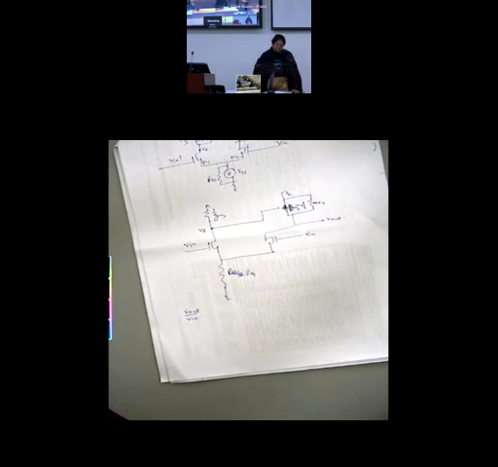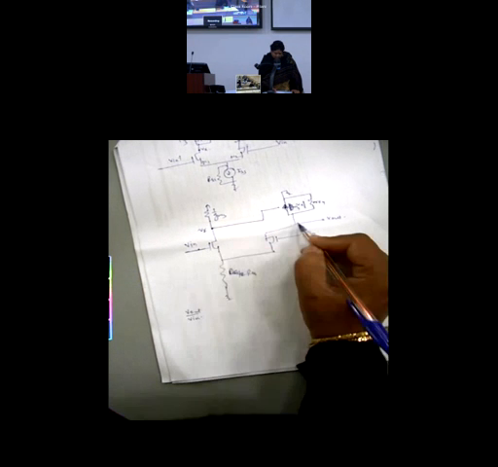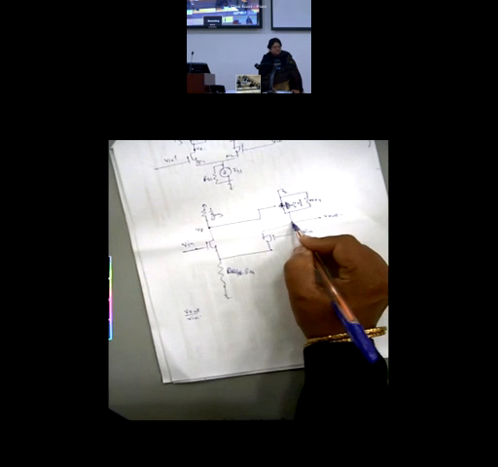V out by V in. So if you are applying your V in here, find out this potential. If you apply your V in here, find out this potential and use superposition theorem. First of all, I will apply V in here and make this grounded. Find the value V out by V in.